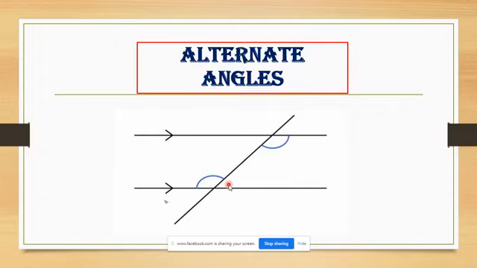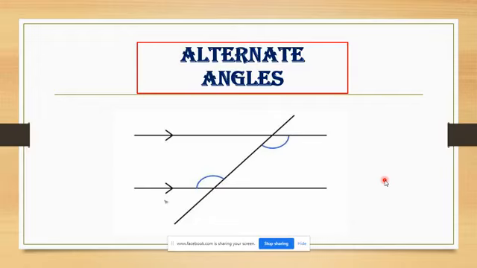So they are known as alternate angles. In Marathi they are known as Vikram Kon. They are always in Z situation, here 1 and 2, and this is a reverse Z situation. And remember, if the lines are parallel, the measurement of the alternate angles is always the same, always equal, they are congruent. This is the second property of the angles made by parallel lines and their transversal.